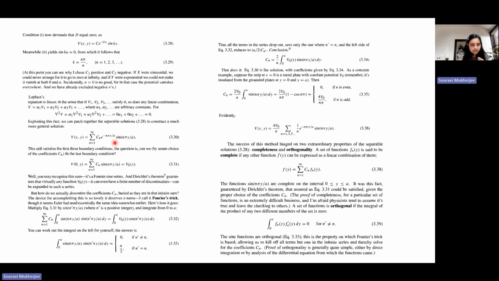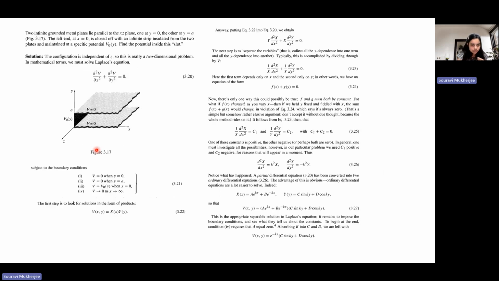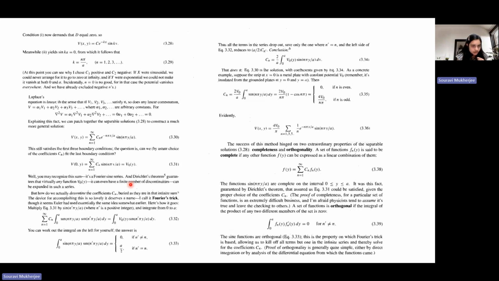Now you apply the final boundary condition, which tells us that at a certain point the potential is specified as V naught or something. So then you apply that again. Okay, and at this point you have to use the Fourier trick, which makes use of the fact that your solutions involve orthogonal functions.